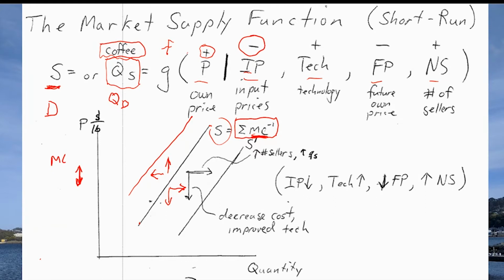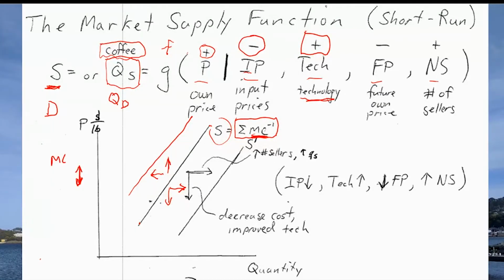And we're just going to make sort of a simple relationship here and imagine we could measure that somehow, and also recognize that an improvement in technology, meaning a positive effect here, is going to tend to cause an increase in supply. And the reason for that is also a cost-related effect. So if technology improves, what we imagine is that you could then produce the same quantity, but at a lower cost, okay?